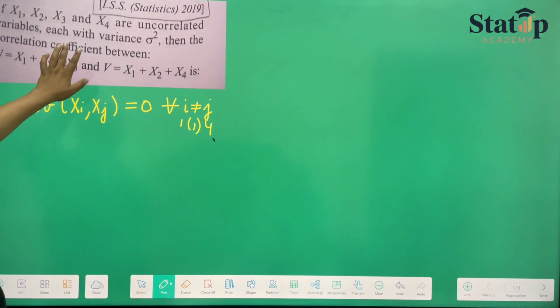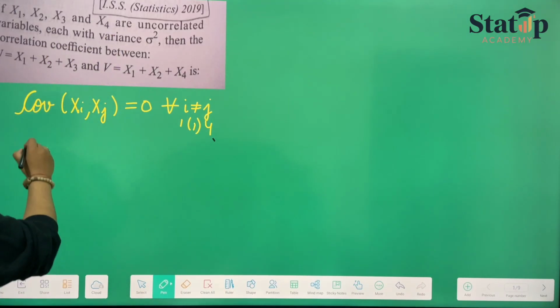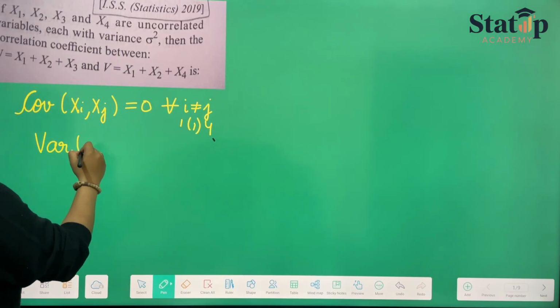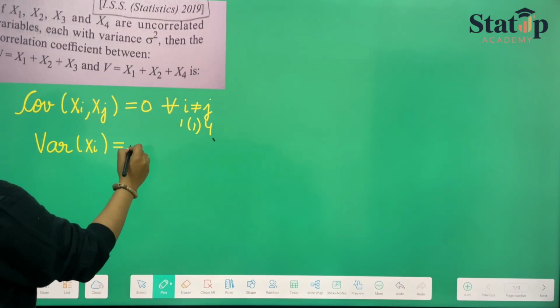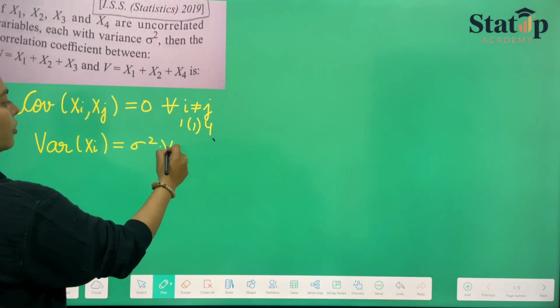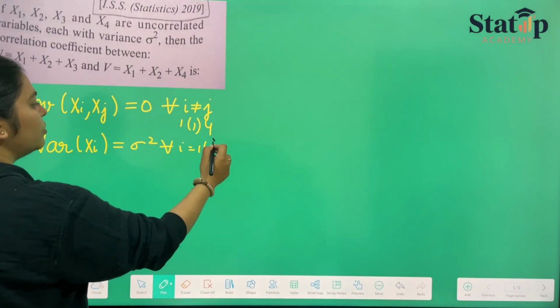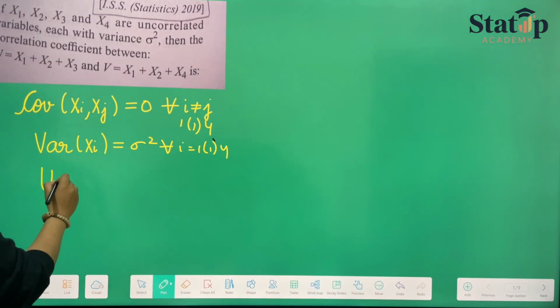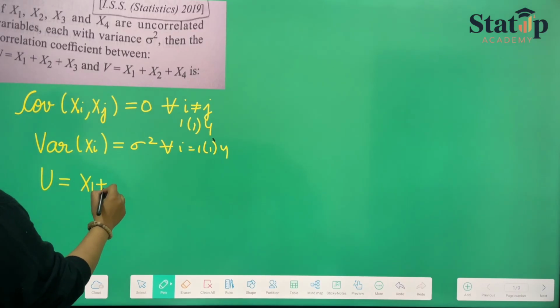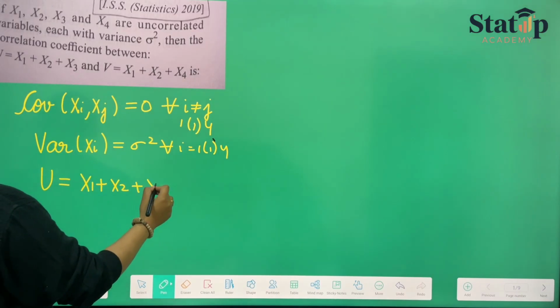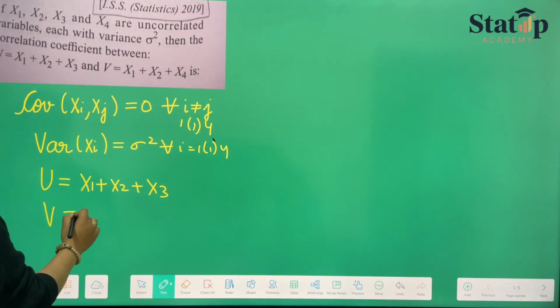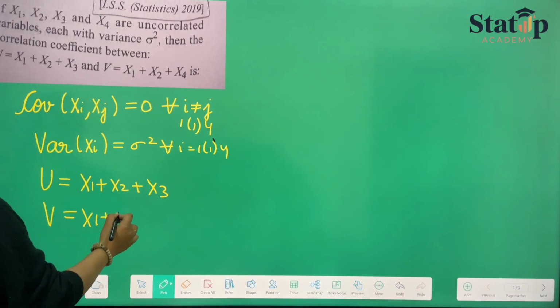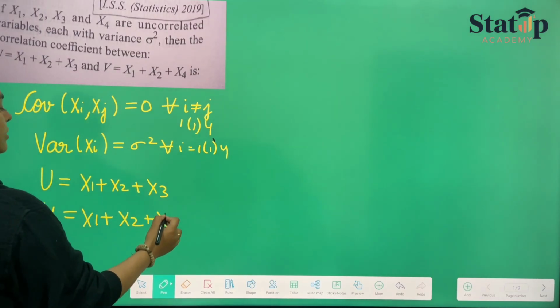Each has variance, variance of xi is equal to sigma square for all i from 1 to 4. Then the correlation coefficient between u and v. U has been given to us as x1 plus x2 plus x3, and v has been given to us as x1 plus x2 plus x4.